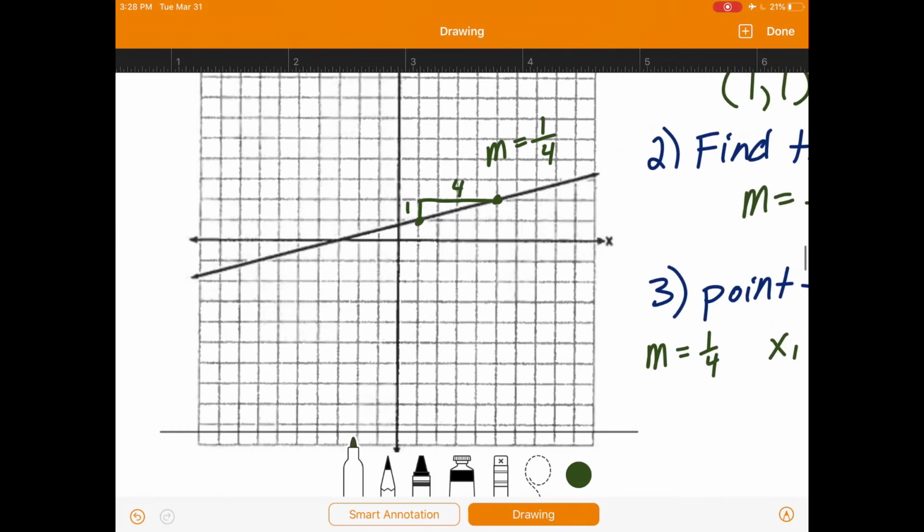But if you wanted to do something like this, then that's the point -3, 0. And this would be x1, this would be y1. And no matter what point you end up using, you're still going to end up getting the same answer at the end. So if you want to try it a different way with different numbers and see if you get the same thing as me, then that's definitely good.